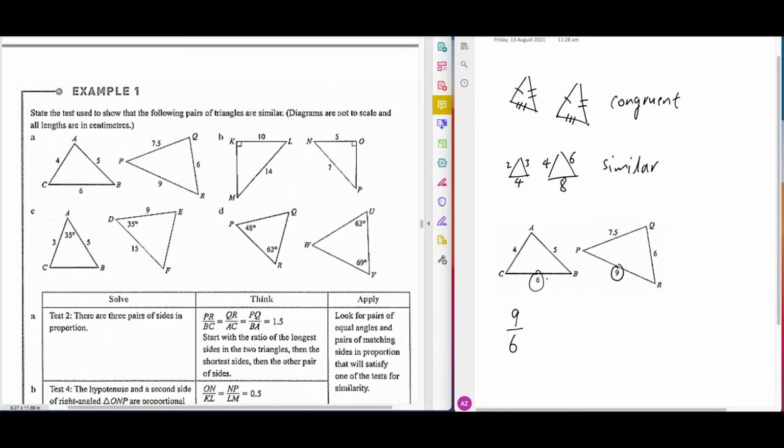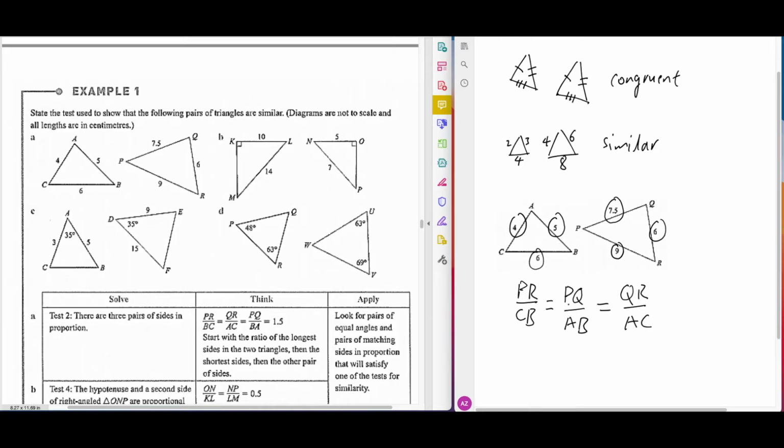So you can just do PR divided by CB, right? Because this is the length PR, this is the length CB. The second longer side is 7.5 and then 5, so then I just do PQ over AB. And then the last one is QR over AC, right?